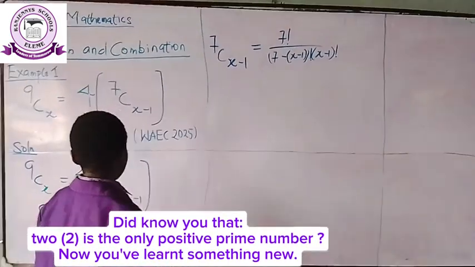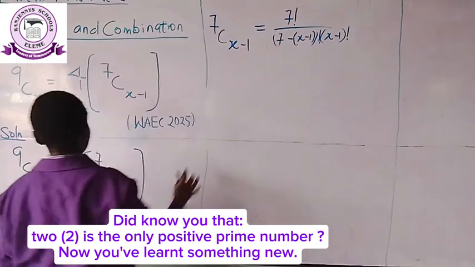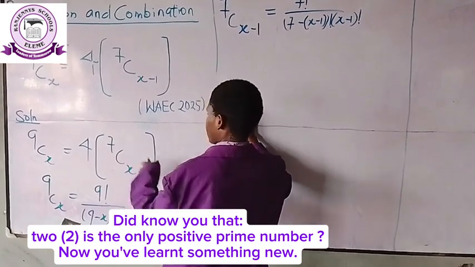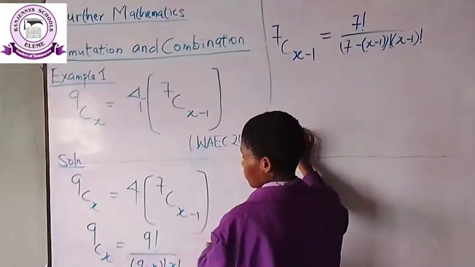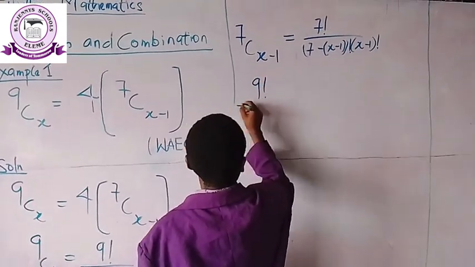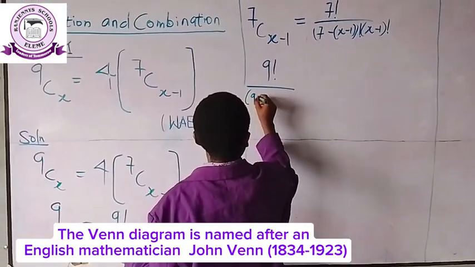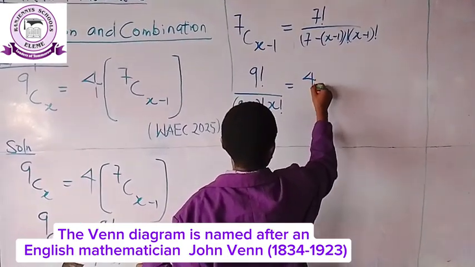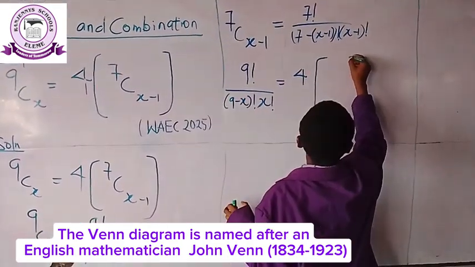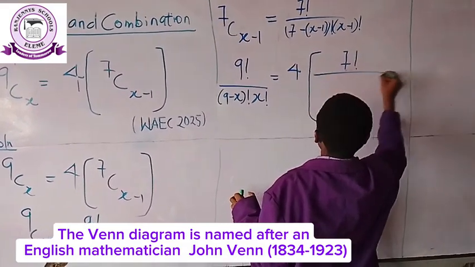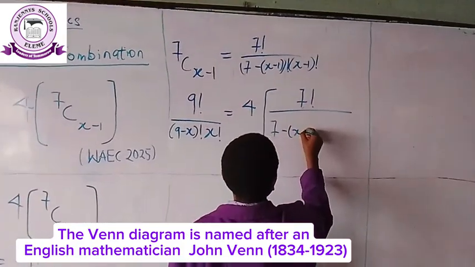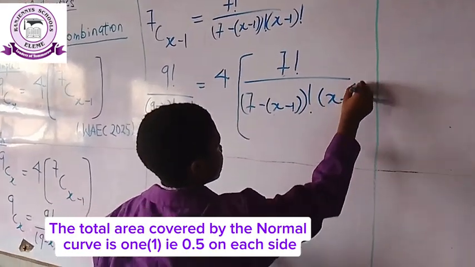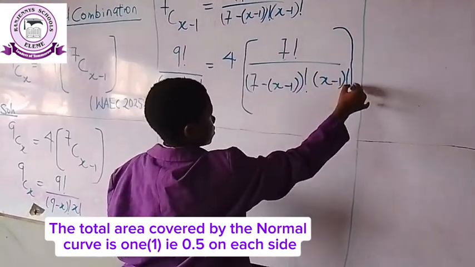I'm going to substitute this and this into this equation. So 9 combination x equals 4 open bracket 7 combination x minus 1 close bracket now becomes 9 factorial all over 9 minus x factorial x factorial equals 4 open bracket 7 factorial all over 7 minus x minus 1 factorial x minus 1 factorial close bracket.